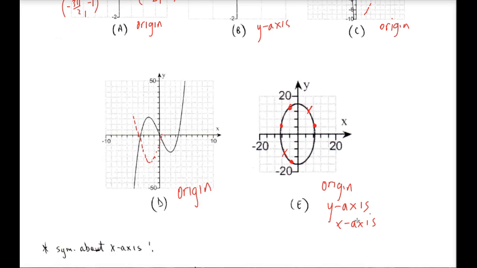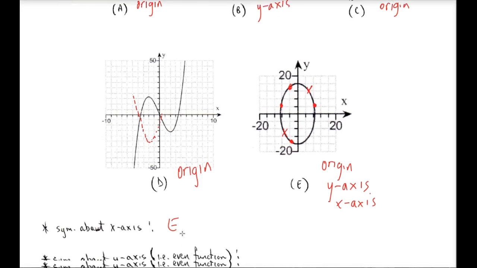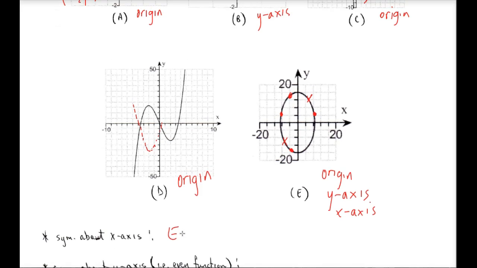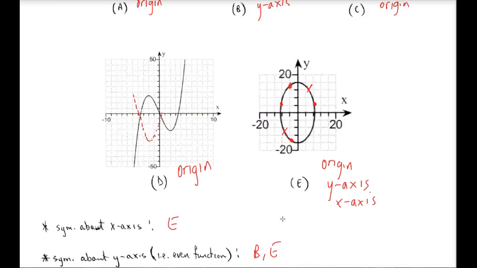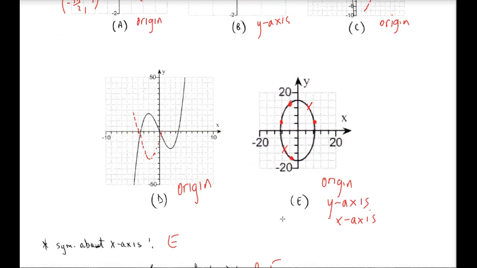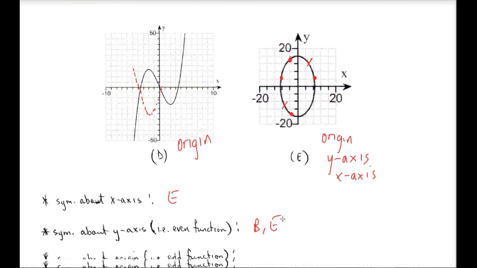So to sum it up, we know that the ones that have symmetry about the x-axis, we see that we had only one, which was E. Symmetry about the y-axis, we had B and E. And symmetry about the origin, we had A, C, and D.